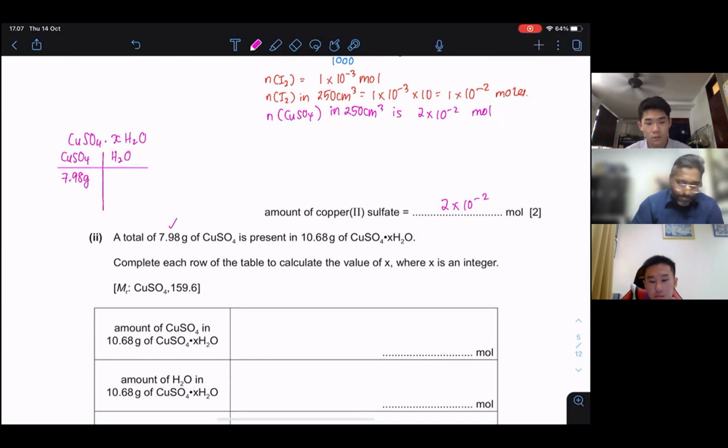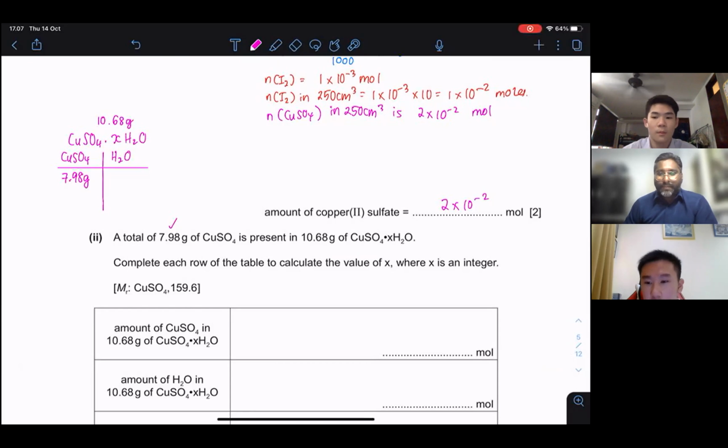7.98 gram. So can you find out what is going to be the mass of water over here, James? How to find out the mass of water? You only have copper sulfate and water in CuSO4 H2O.